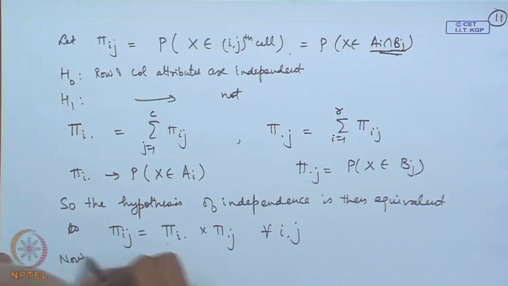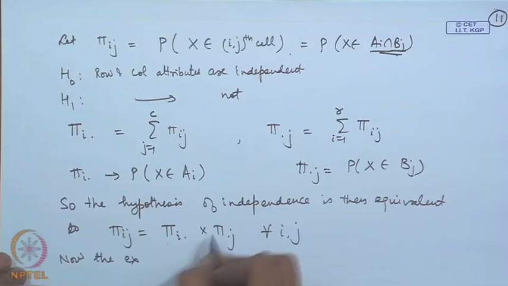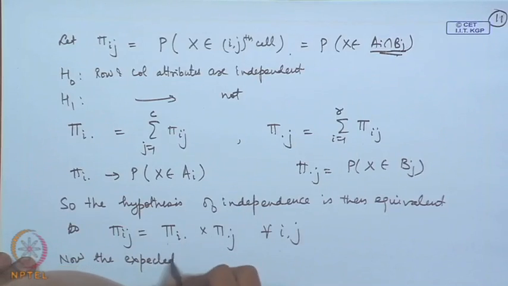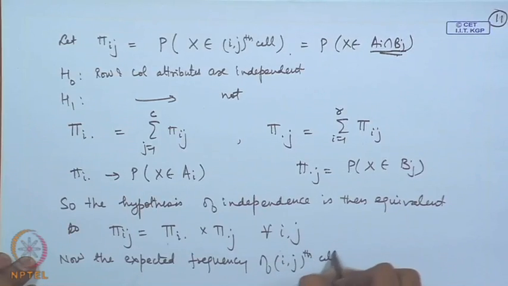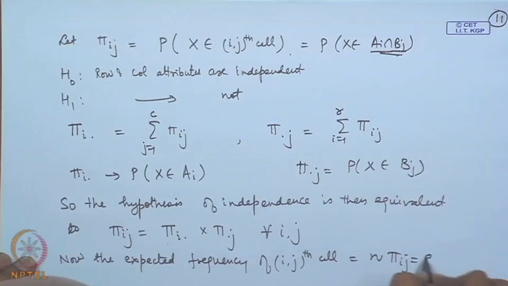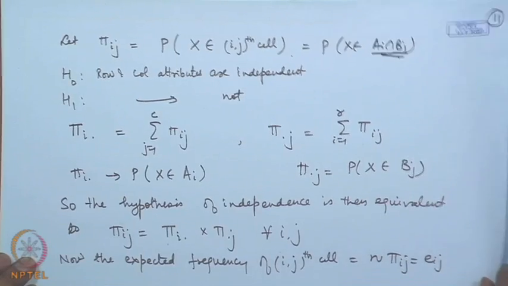Now, if independence is there, the expected frequency of the I jth cell will be equal to n times pi I j. Let me call it E I j. Okay.